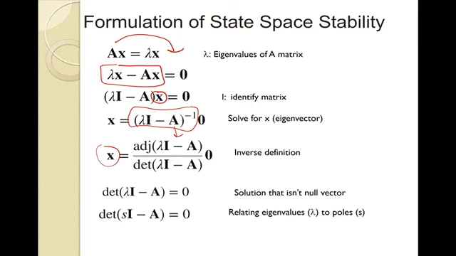So the key here is we are looking for, just like in the transfer functions that we looked at for systems, where we always looked at the denominator, the characteristic polynomial. In that case, we set that equal to 0. So in this case, in the denominator here, the determinant of lambda I minus A, we set that equal to 0, and this is essentially the solution that isn't a null vector.